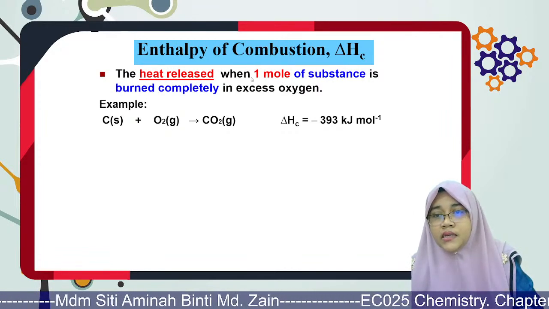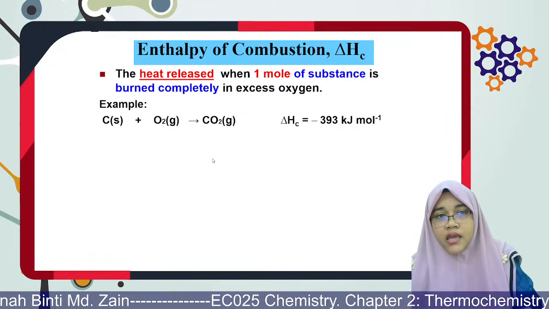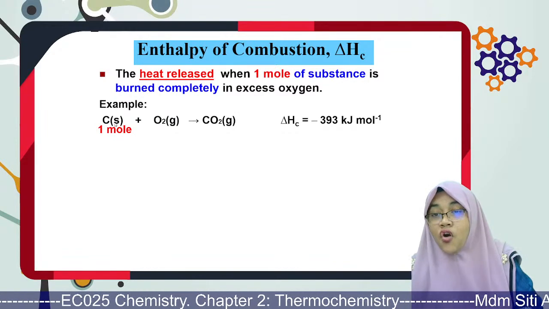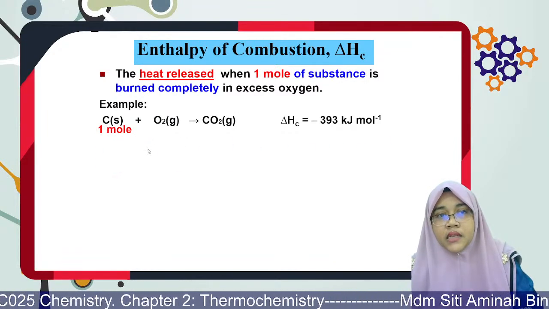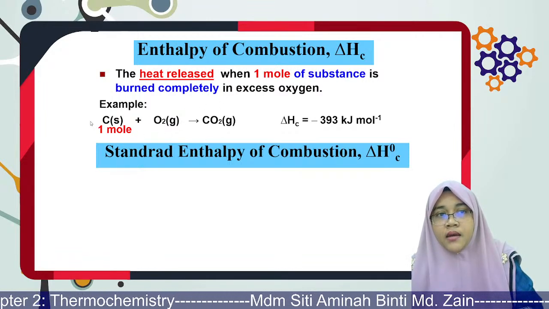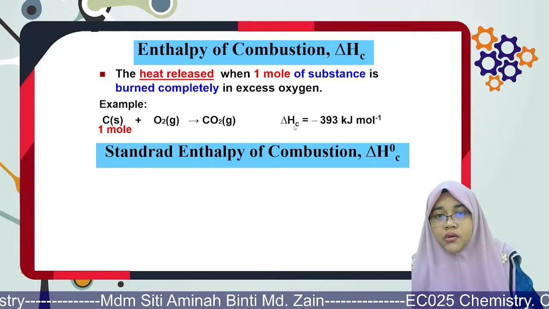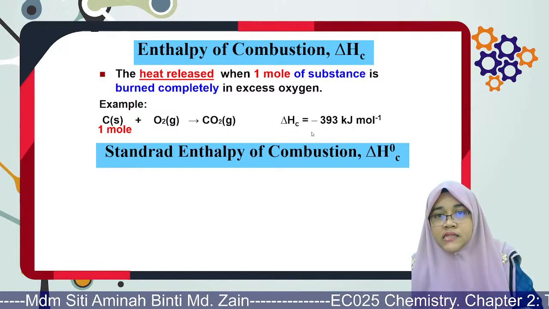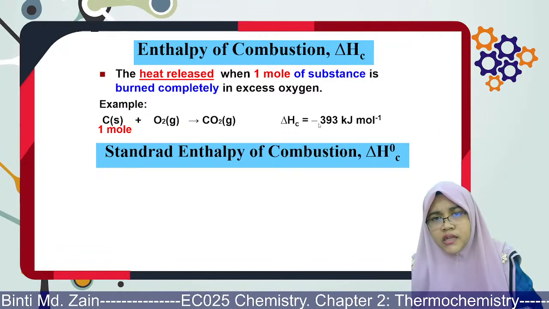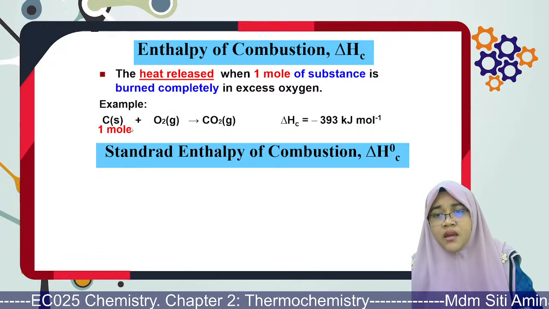So 1 mole here is no longer the product, but the reactant, the reactant that is being burned. So here is the enthalpy of combustion for carbon burned in excess oxygen to form carbon dioxide. Make sure the reactant carbon is 1 mole. From here we know that carbon releases about negative 393 kilojoule for each 1 mole burned.